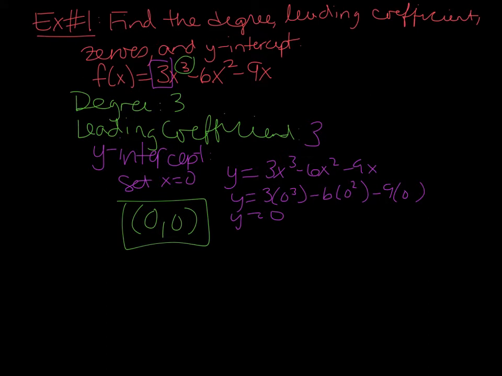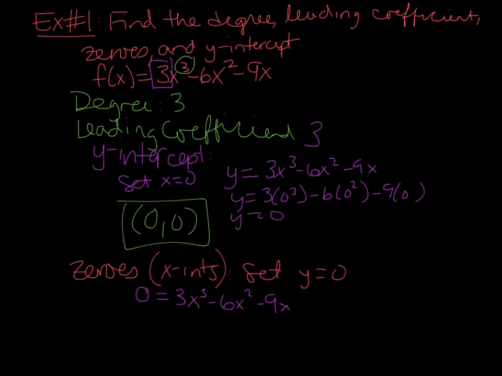So the last thing we need to do is our zeros. And remember, the zeros are called x-intercepts also. And you find your zeros by setting y equal to 0. So what I'm going to do now is I'm going to factor this. I can start by factoring out a GCF of 3x.